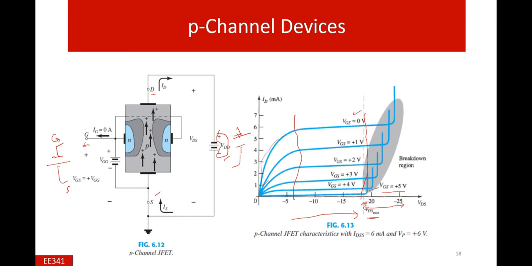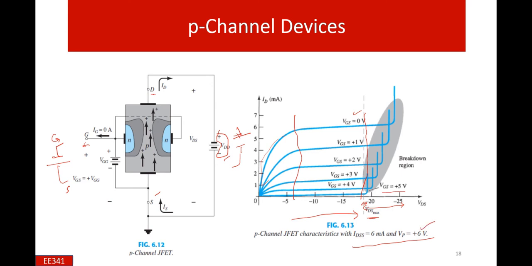So this is the threshold voltage of VDS. This is the maximum negative value we can apply to the device in a control variable form. So these P channel characteristics are discussed for these situations.